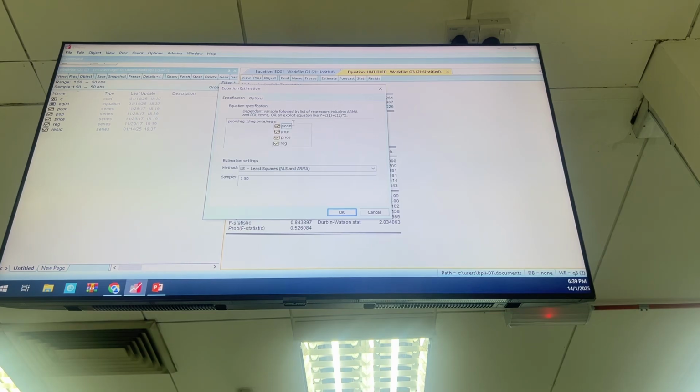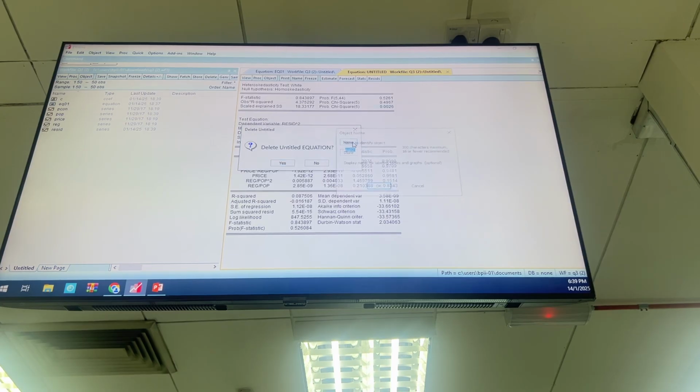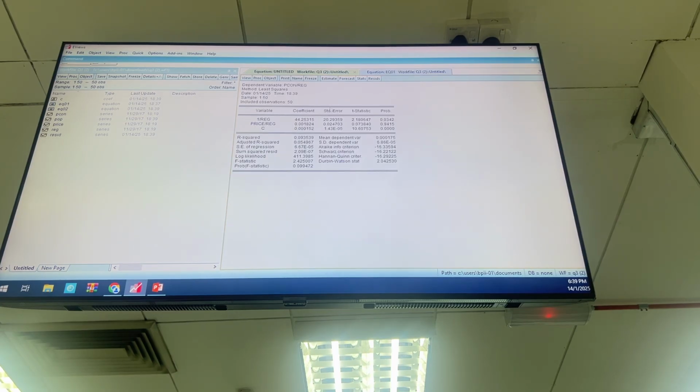Okay, name this equation 3, the previous one is equation 2. So basically, if you check, it solves the problem for you.